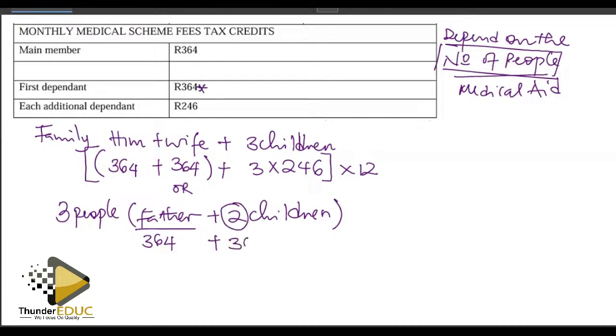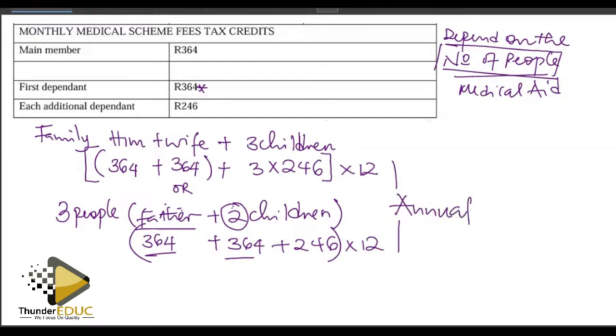Also, he will pay another. Now, of the 3 people, because it was the father and the 2 children, 2 people have already gone off. So the other one who is remaining is 200, and you understand? If there are only 2, you'd multiply this. So still also this one, we multiply it by 12. Why? Because we are looking for the annual amount. The amounts have to be annual when you're dealing with taxation.